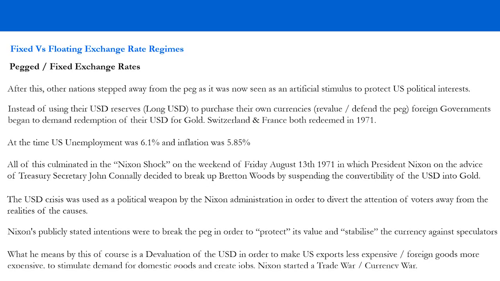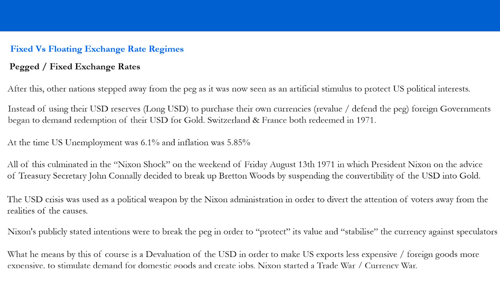So instead of using their US dollar reserves to purchase their own currencies, i.e. to revalue their currencies to defend the peg, foreign governments began to demand redemption of their US dollars for gold. And Switzerland and France both redeemed in 1971. At the time, US unemployment was about 6% and inflation was 6%.